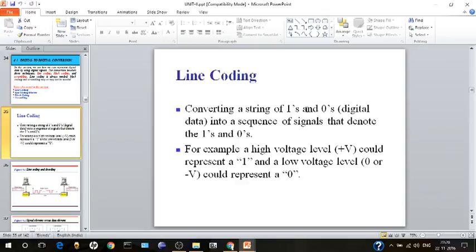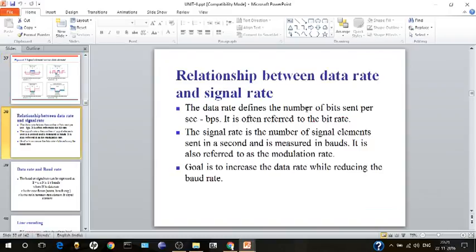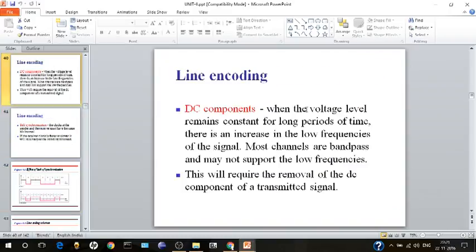Line coding is converting a string of ones and zeros into a digital signal. I'd like to make it much simpler, so let's have a look at the DC components. As you can read the PPT, there is no use of me reading it, so I'll explain it in a shorter manner.